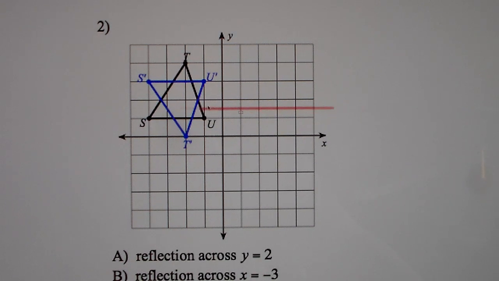So I know I have to put this line halfway between the U and U prime. So it'll be right about there. Halfway between the S and the S prime is right here. Connect those two dots and we have ourselves our line of reflection. It crosses at Y equals 2. So our answer for number 2 is A. Line of reflection across the Y equals 2.